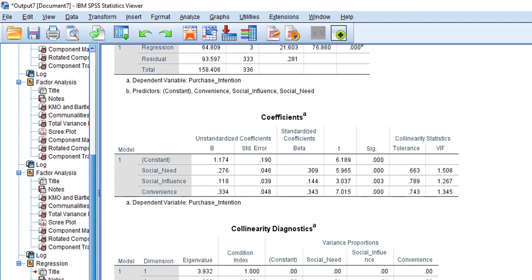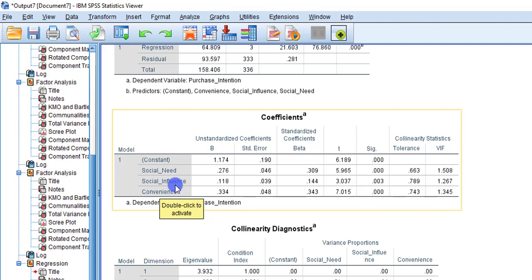The first hypothesis was about social need, and it was hypothesized that social need has a positive impact on purchase intention. As you can see, we are getting the same result. Social need has a positive impact on purchase intention. So in this case, I will conclude that my hypothesis is supported.